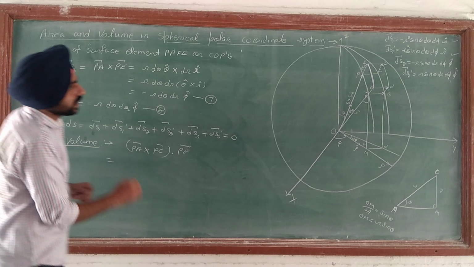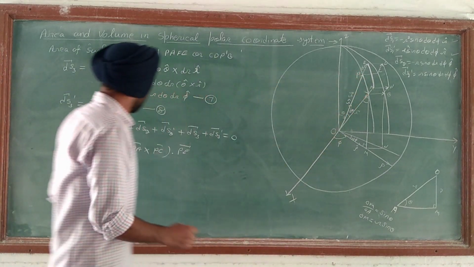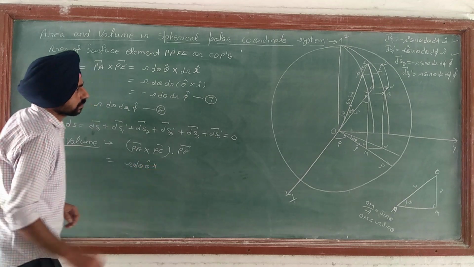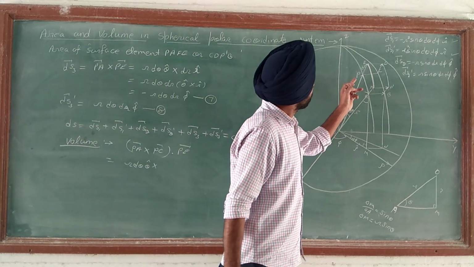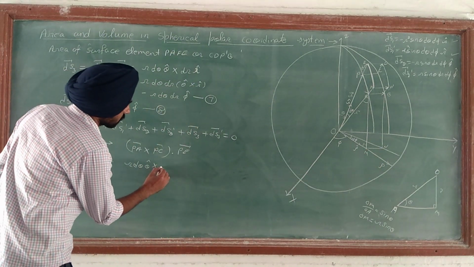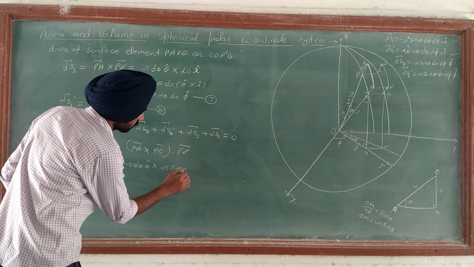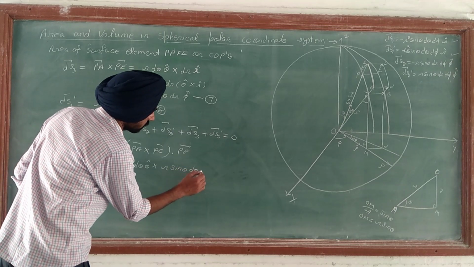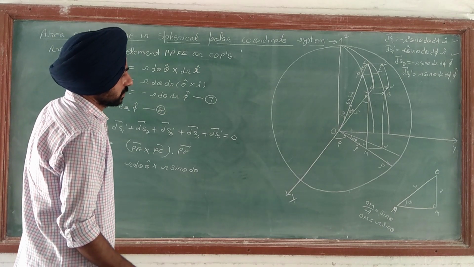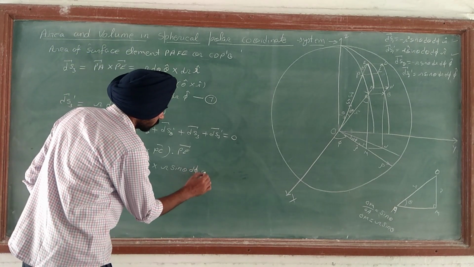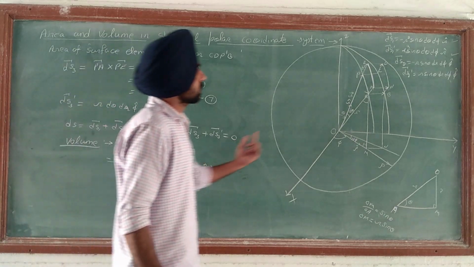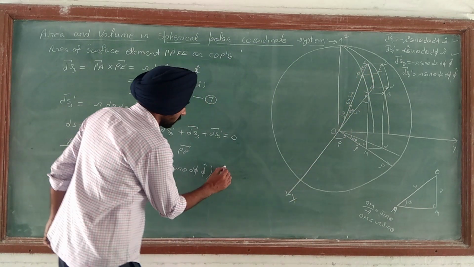So what was this PA? This PA was R d theta theta cap cross PC. What was this PC? This PC was MN. This MN was R sin theta d phi into phi cap, dot this PE is dr r cap.